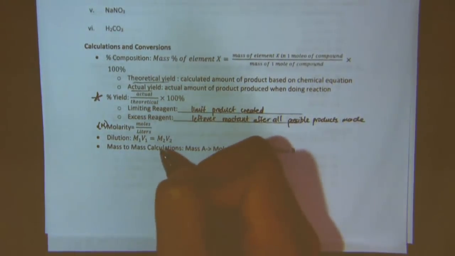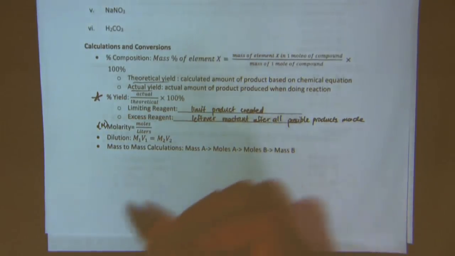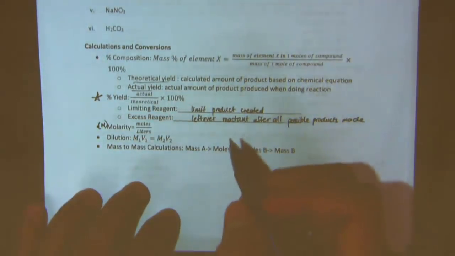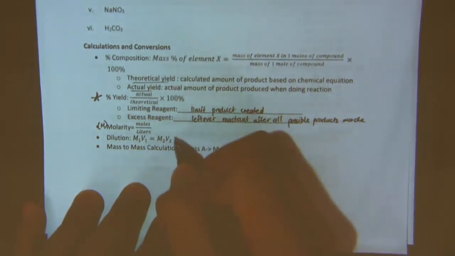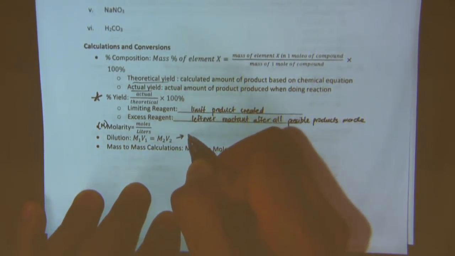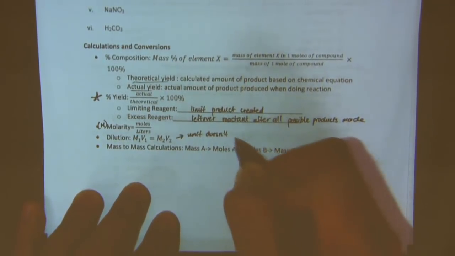We have the dilution equation, which is M1V1 equals M2V2. And we have mass-to-mass calculations for converting between mass of one element to the other. Something to note for dilutions, though, just like the gas laws, the unit doesn't matter as long as they're the same, and that they can cancel.